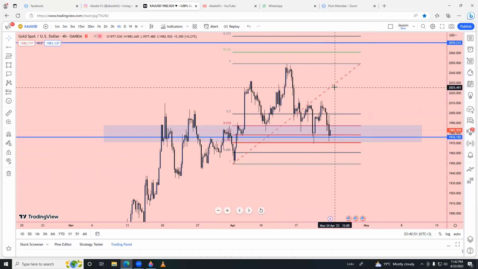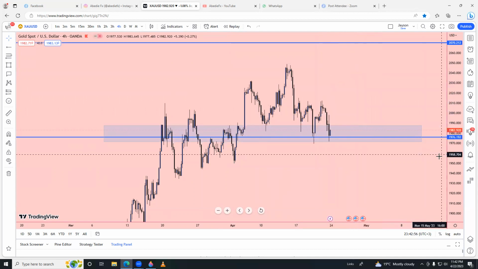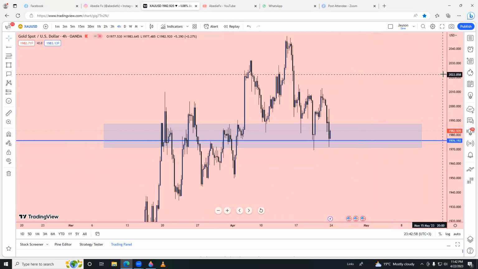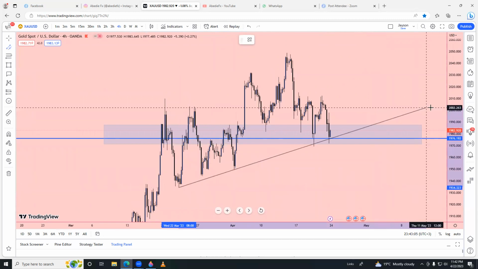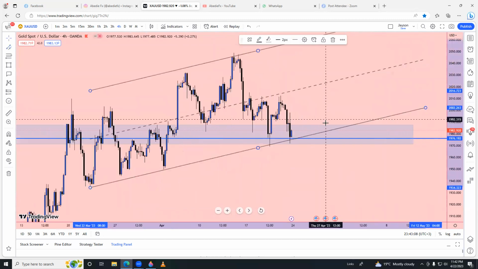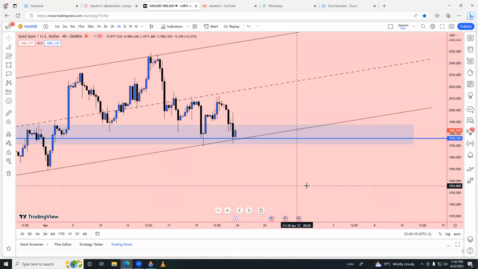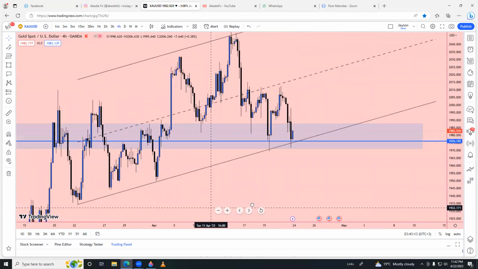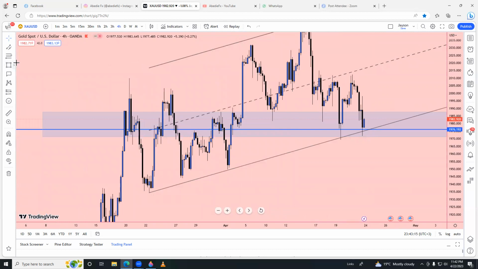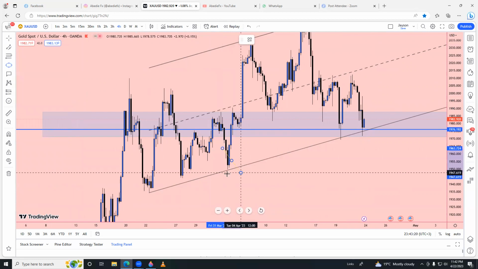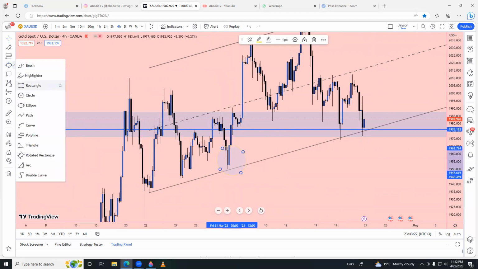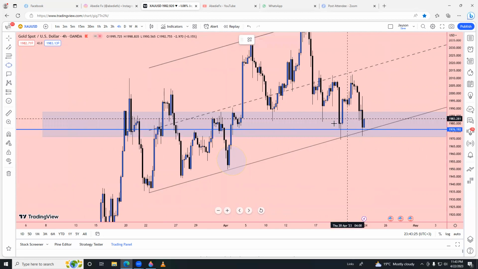Then the last item was the reversal patterns, like for example channels. Let me give an example like this one. Okay, this one is a reversal pattern. The other one is here.